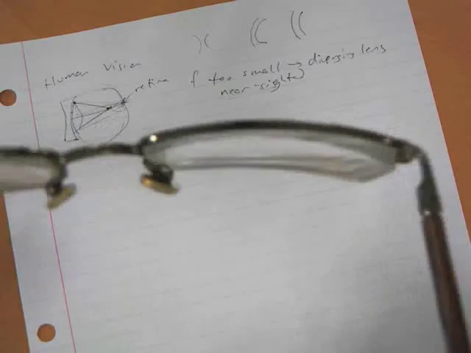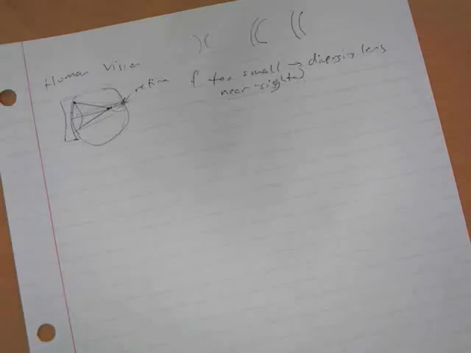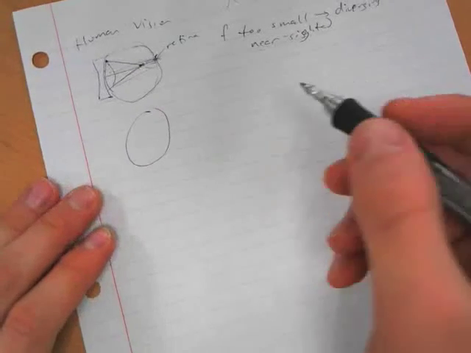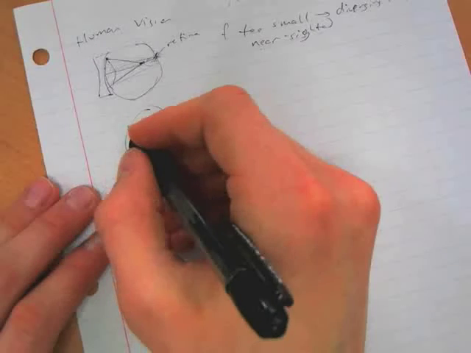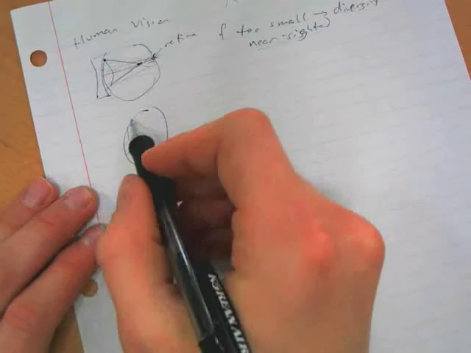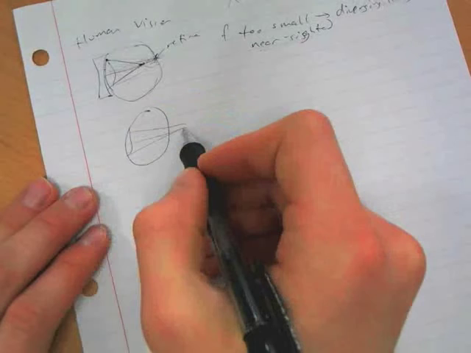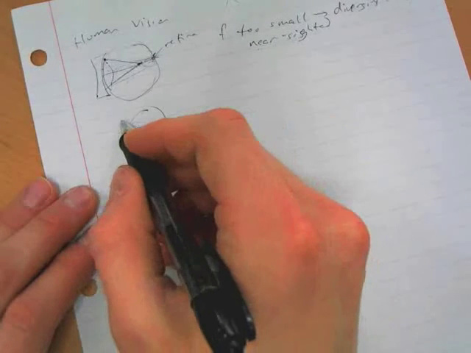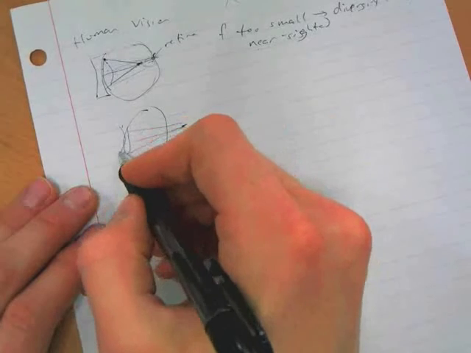I am nearsighted. In the opposite case, and most of you guys are probably nearsighted, those of you that have glasses. If the image tends to form behind the retina, again, things are blurry, but you need a converging lens to fix that.